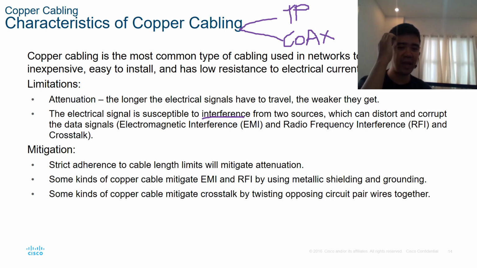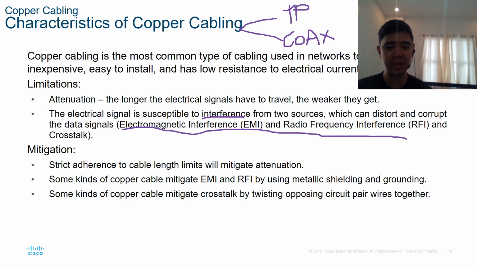There are different types of noise or interference, but these three are the most important when we refer to computer networks. First, EMI.